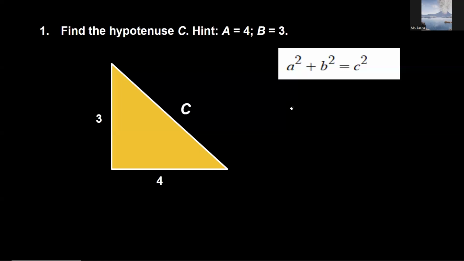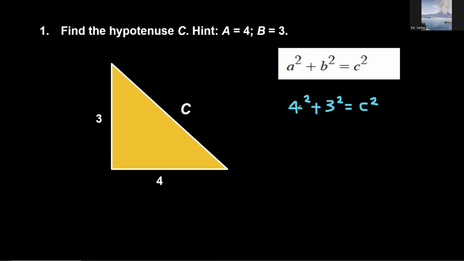Let me show you. So first, A is 4. So we have 4 squared plus 3 squared equals c squared.